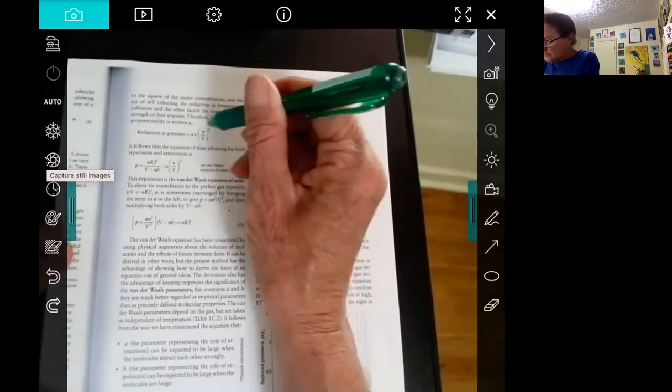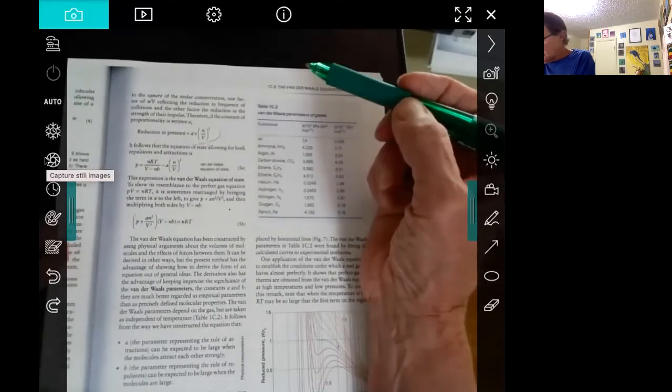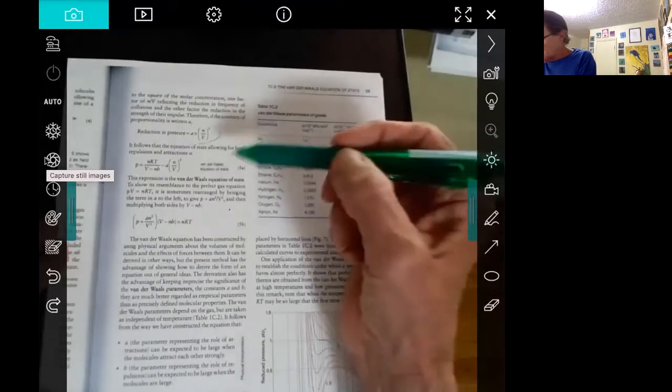So if the particles are attracting each other, this term can go in and it will alter the pressure. Or it will represent how the pressure is altered because of the attractive forces.